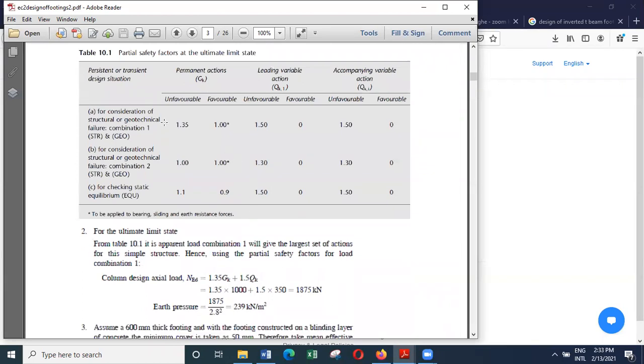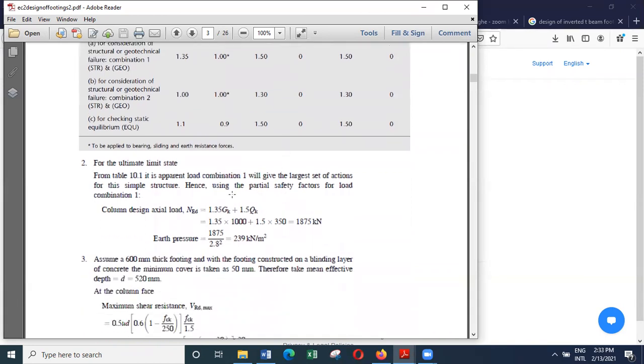From this table, you can see that when you are designing the pad footing, we will be designing for this particular action, 1.35 GK plus 1.5 QK. The combination one gives the largest force, and you can see the maximum axial load acting through the column will be 1875 kilonewtons.